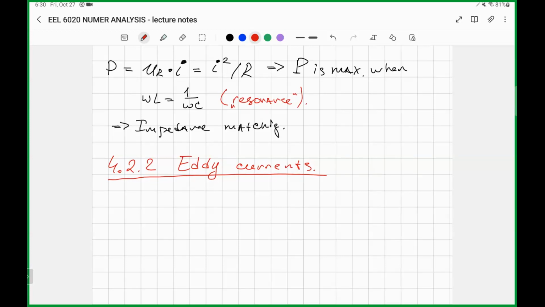At the same time, the conductivity of a metal strongly depends on the frequency.